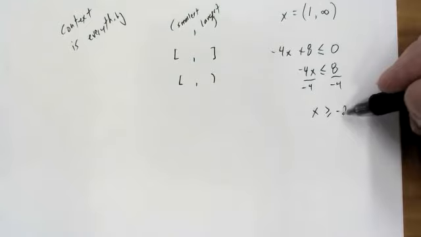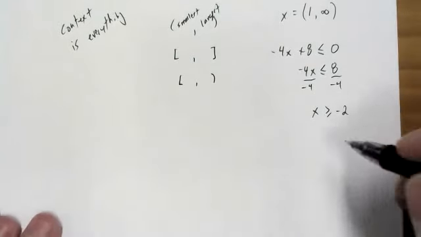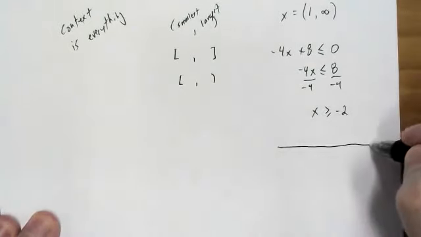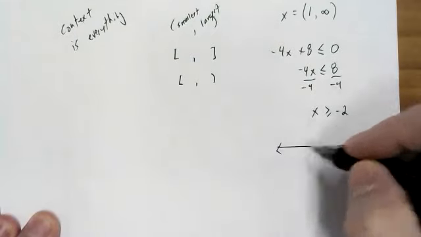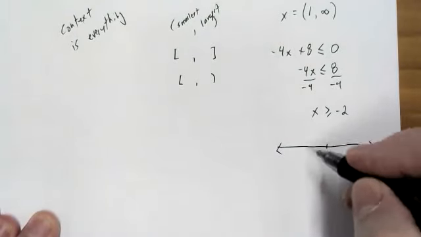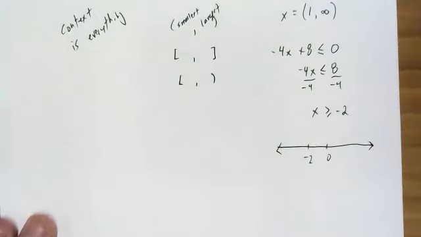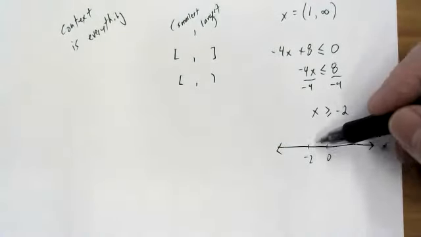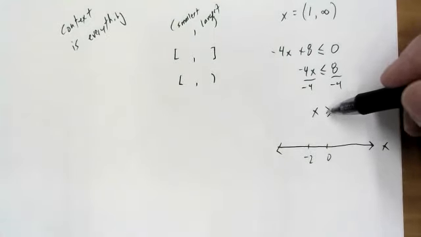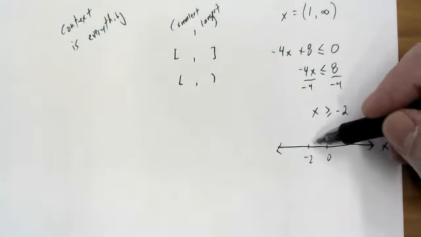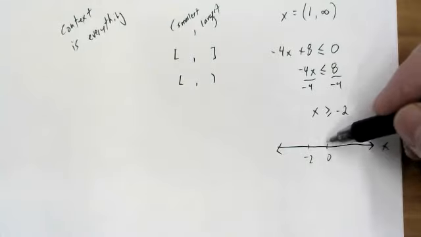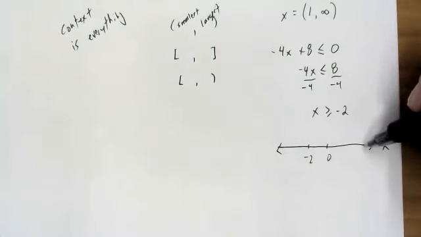Now let's go ahead and do a graph for this. So once again, here's 0. I'll put -2 here. So I go to -2, and now because it's greater than or equal to, first of all, in my head, I know when I'm looking at greater than or equal to, that means numbers are going to be to the right, to the right are larger numbers.